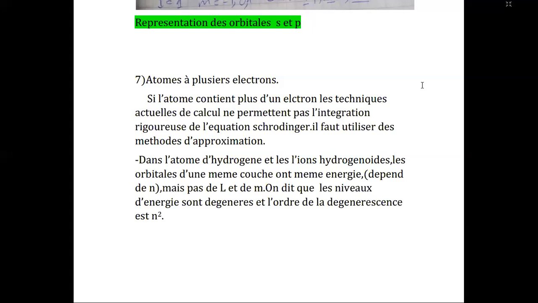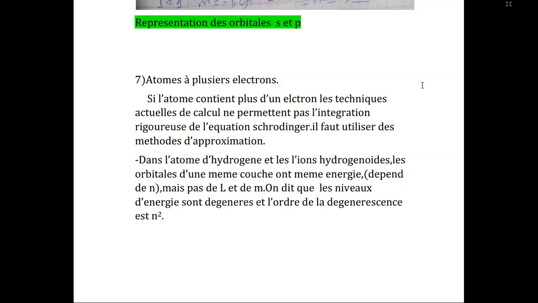Then we found out that this equation of Schrödinger actually cannot really calculate the energy for an atom which has a lot of electrons. It was only used on hydrogen and the hydrogenoids. So today, under the Slater approximation, we're going to look at atoms with a lot of electrons.